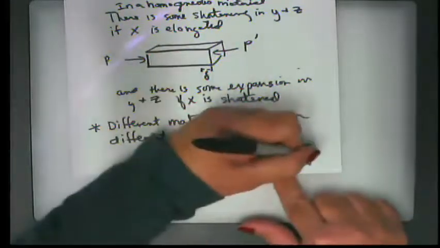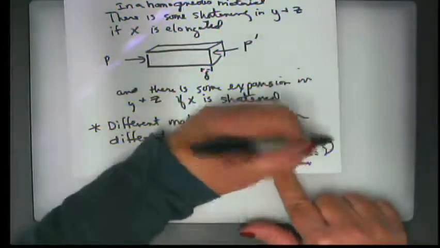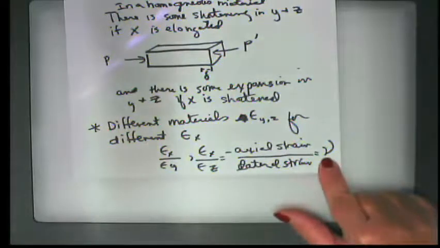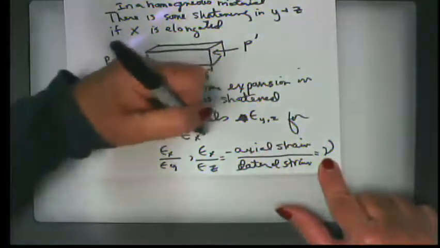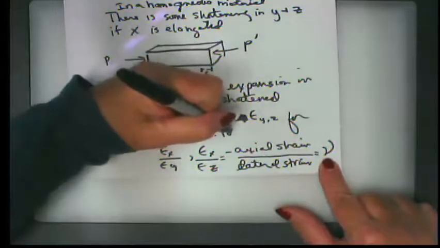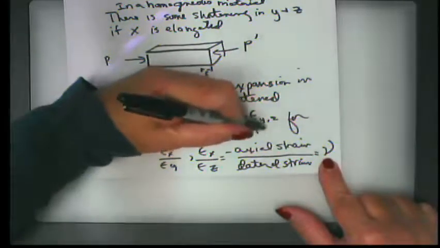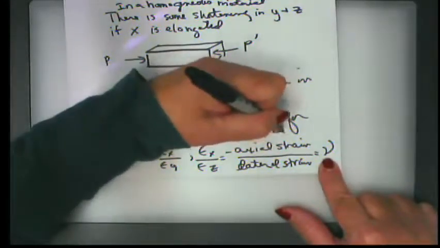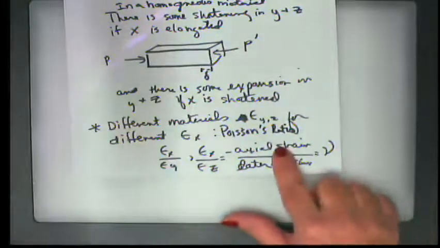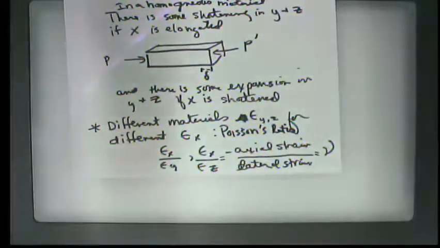And so the negative of that quantity is assigned the Greek letter nu, and it is called Poisson's ratio. So Poisson's ratio tells you how much the dimensionless lateral strain will change based on a change on the axis.